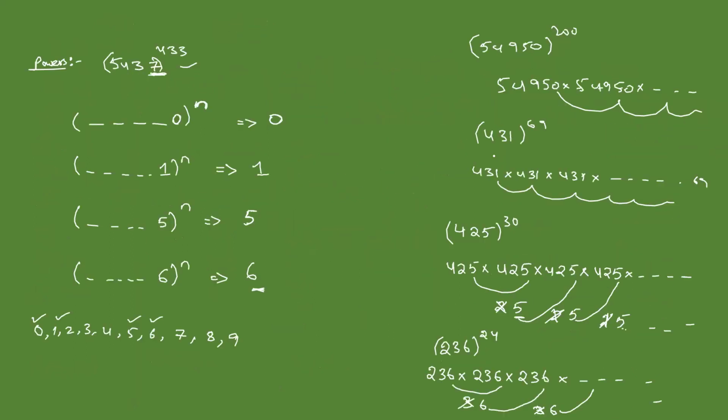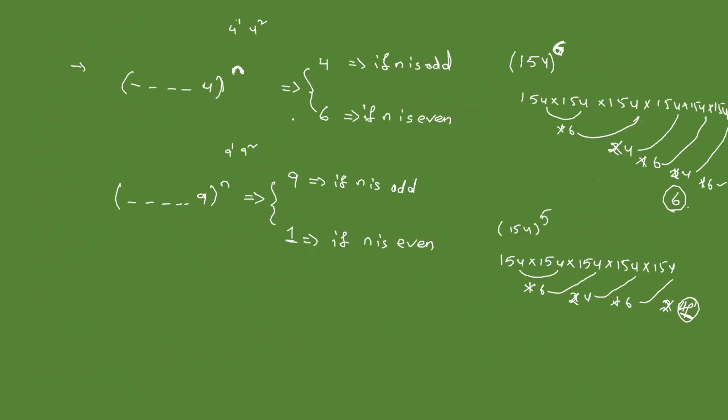Units digit, this is the concept, how to find the units digit. If the units digit is 0, 1, 5 and 6, there is no problem for us, we can directly take those numbers. If the units digits are 4 and 9, there will be two possibilities for us depending on the value of n, that is power. If it is odd power, we will have one answer. If it is even power, we will have one answer.